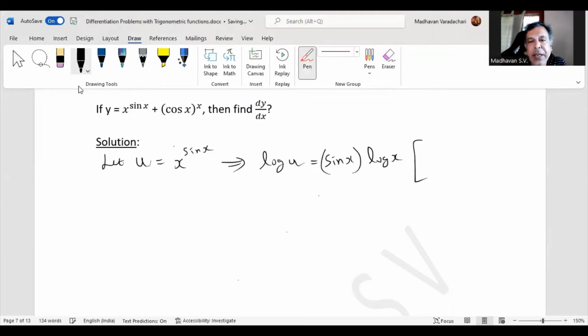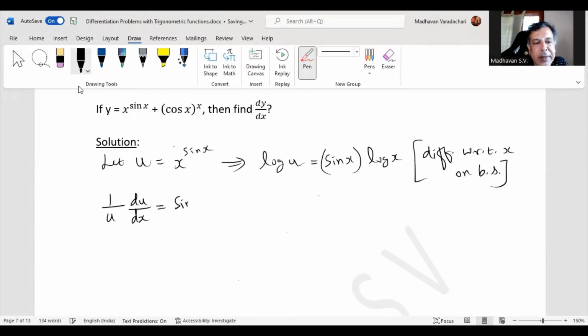Now differentiating with respect to x on both sides, we get 1 by u du by dx will be, keeping sin x, differentiating log x, we get 1 by x, plus keeping log x, differentiating sin x, we get cos x.